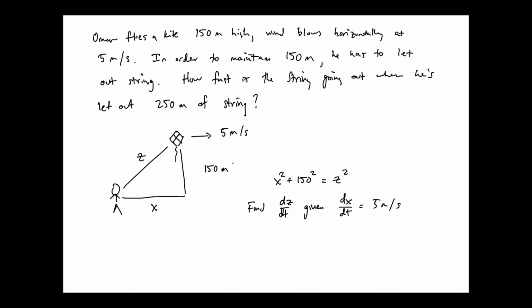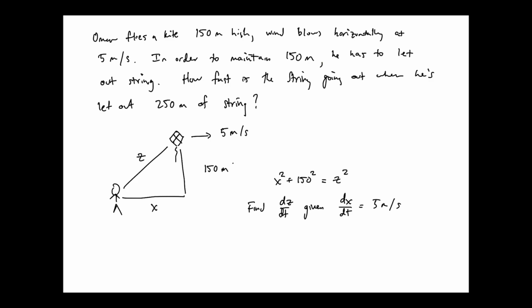Just that it's getting blown by the wind. Okay, great. So I can't plug the 5 into anything yet because, well, right now my equation has no rates in it. It's just a static thing. Okay. So that said, what is the derivative of this equation?